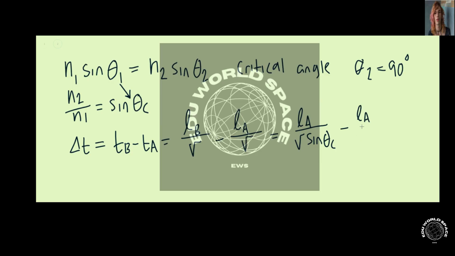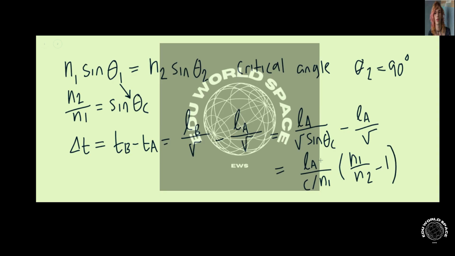And our second term is the same. And we can do a little bit more simplification. Pull out some stuff. The speed of light is just C over N1. And then N1 over N2 minus 1.